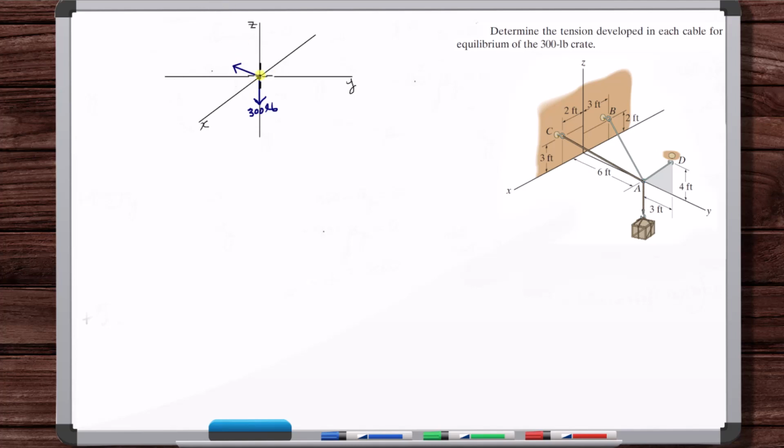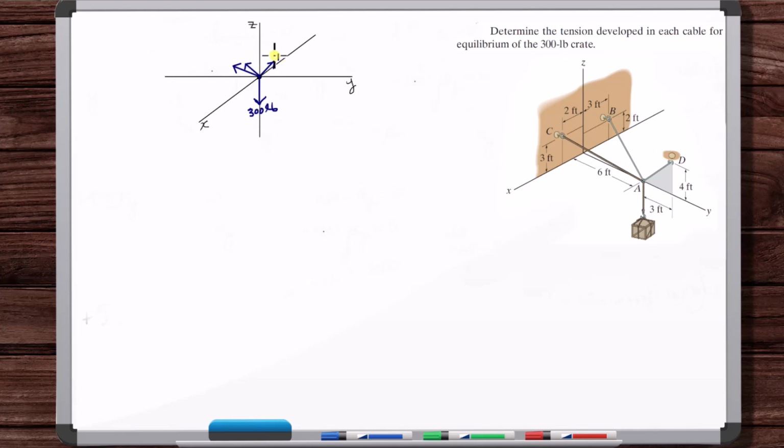Okay, and then we've got a force going from A to B, a little bit further down, kind of like that. And then we've got a force going from A to D that has no component in the X. It's a little steeper than those first two forces. Something like that.